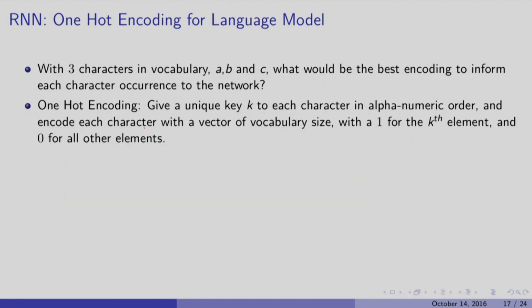Now how does this actually happen for the language model demo that we just showed? Let us start with a simple setting, and let us say we have 3 characters A or B or C. Now the input at any point of time is either an A or a B or a C. A very often used encoding for this vocabulary, and the way you let the network know that a particular input was seen, is through this so called one hot encoding.